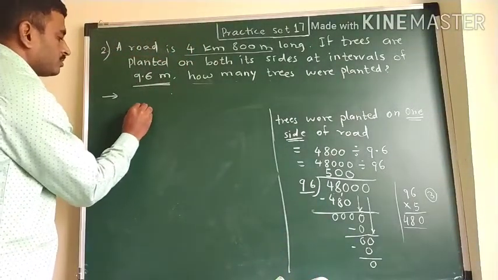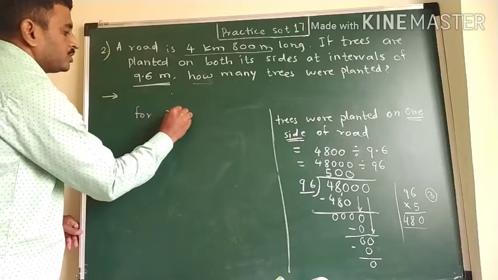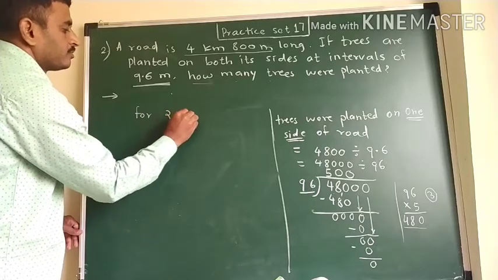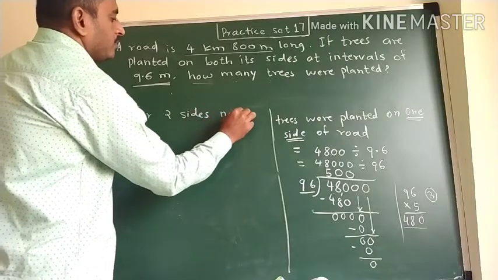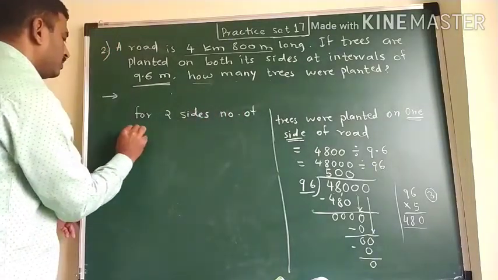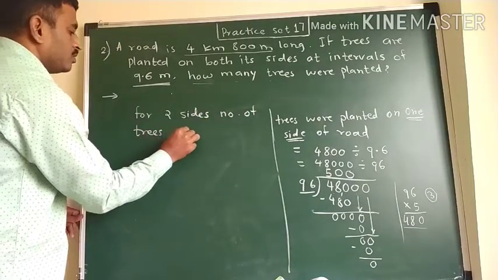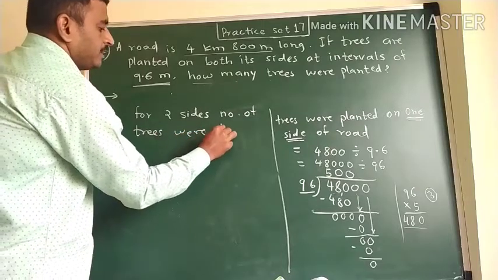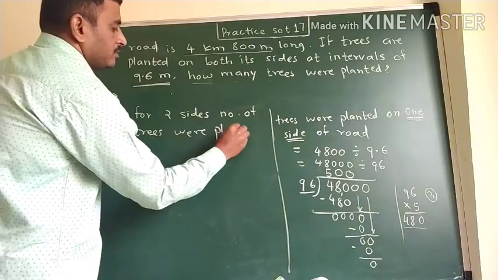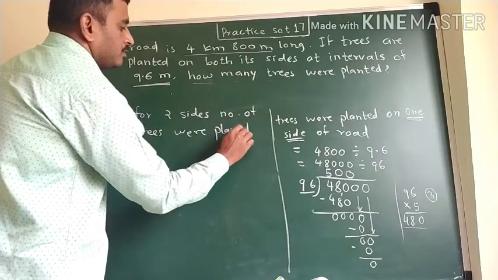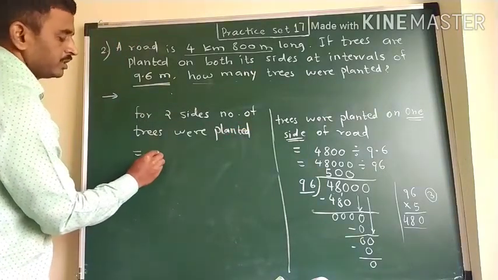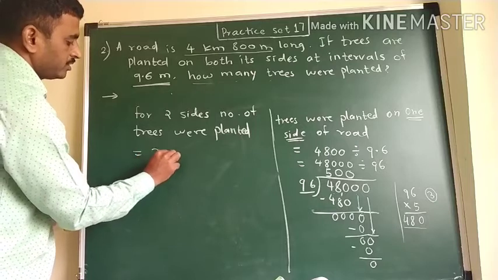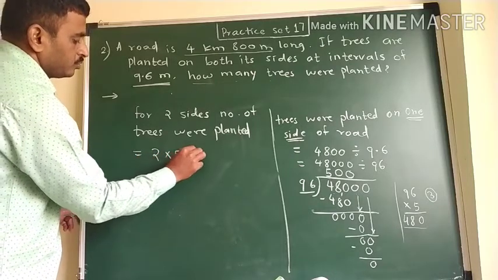So for two sides, the number of trees planted is equal to, we have to multiply this 500 by 2.